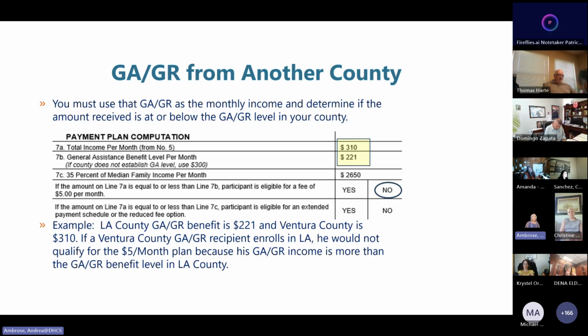Is $310 equal to or less than $221? No, it is not. So in this case, the participant would not qualify for the $5 a month plan. But it's not because they have GA from another county. It's because their income is above the threshold for the $5 a month plan in your county.